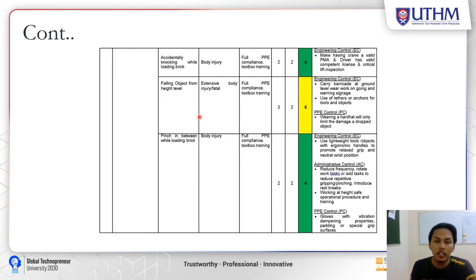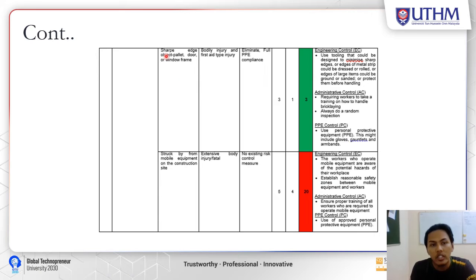Okay, but still all these hazards really need the control, including the engineering control, administrative and the PPE control. Okay, so we go for the sharp edge that will cause bodily injury to the workers. We got that is low risk hazard, but still needs the controls.